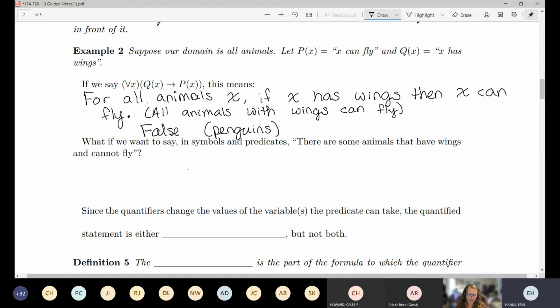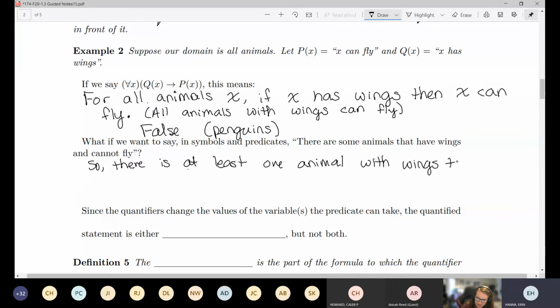But essentially, this statement is saying there is at least one animal with wings that can't fly, like our poor little penguins. So there's at least one animal with wings, but it also can't fly.